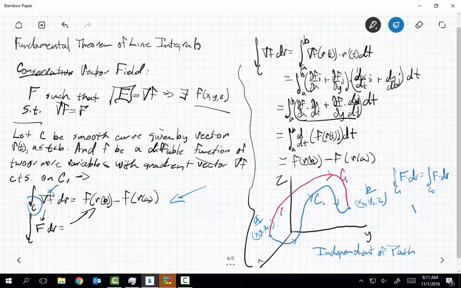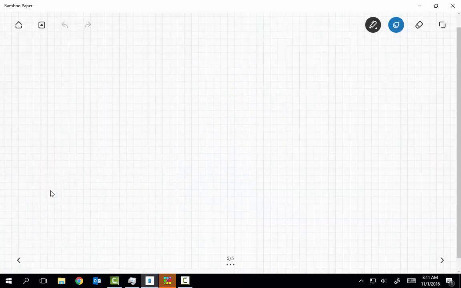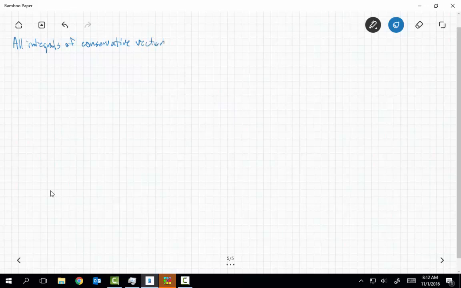So we know that all integrals of conservative vector fields, and I know you're thinking to yourself, Ripley, what am I going to do with these conservative vector fields? Like, how am I going to determine if they're conservative or not? Well, we'll get to that. Be patient. All integrals of conservative vector fields are independent of path.